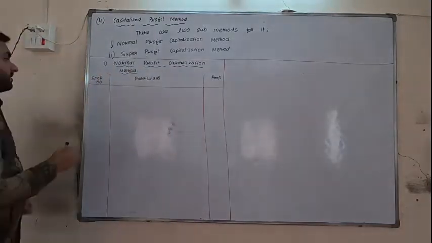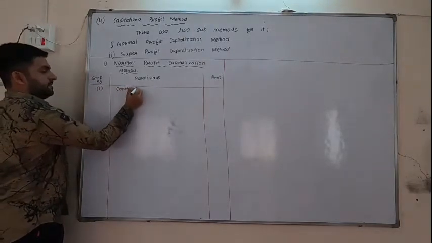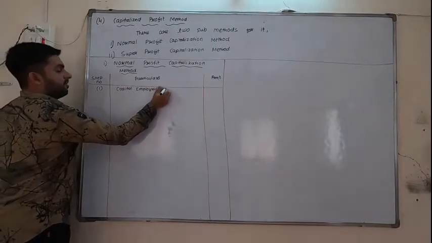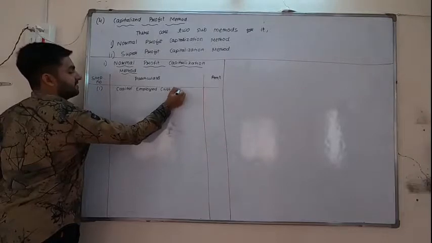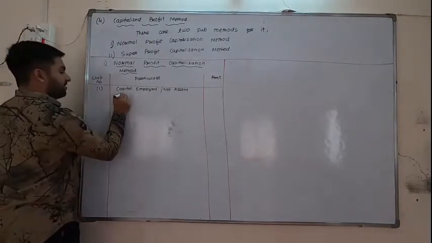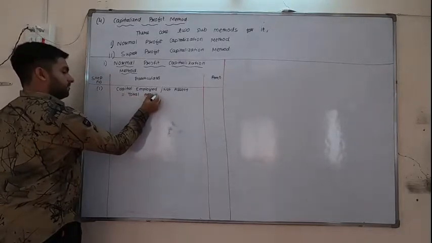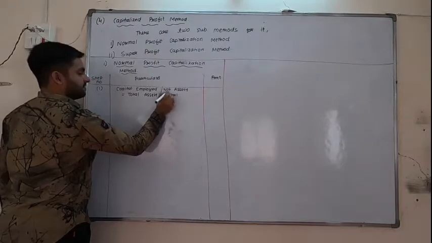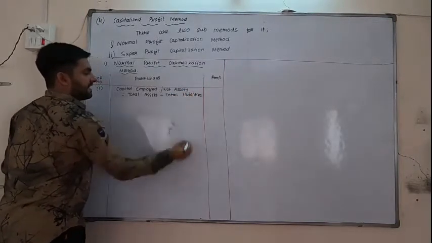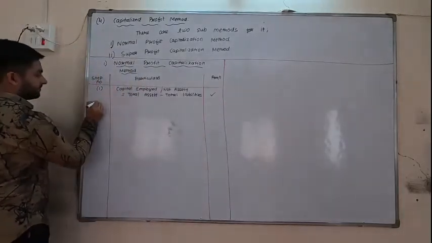First step is capital employed, or we can call it net assets. The formula we all know: total assets minus total liabilities. This is the first step.